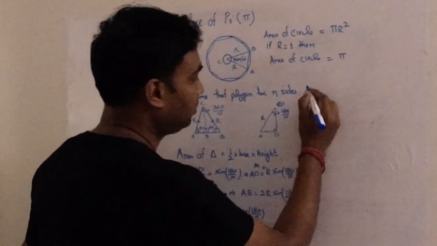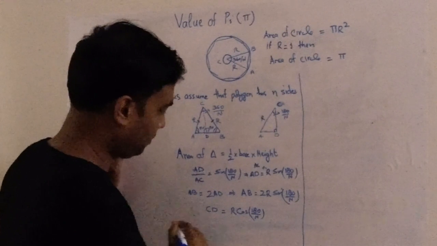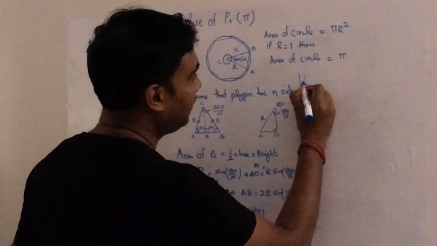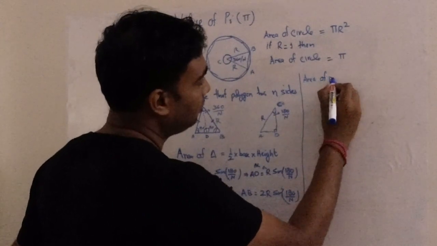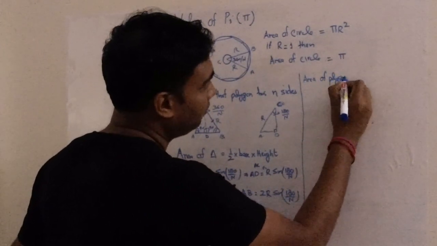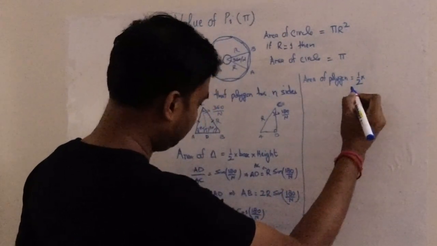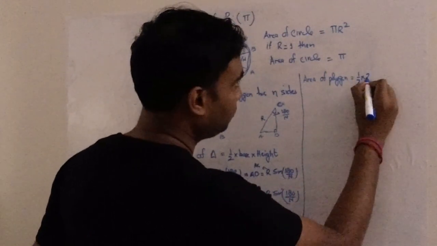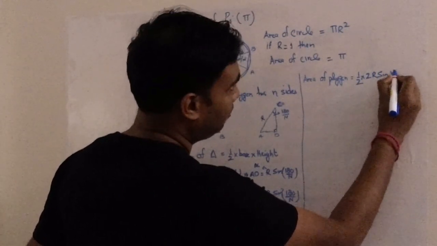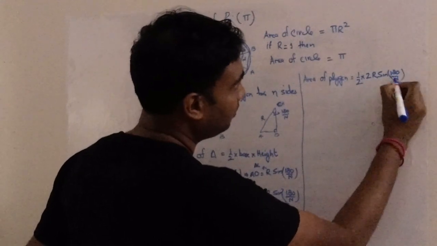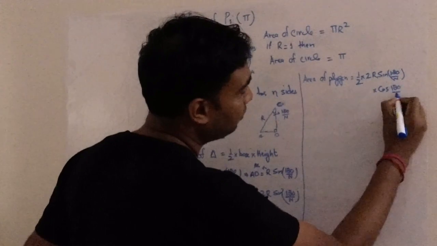Okay, so I'm continuing from here. So area of polygon will be half base, which is AB, that is 2R sine of 180 over n into cos of 180 over n.